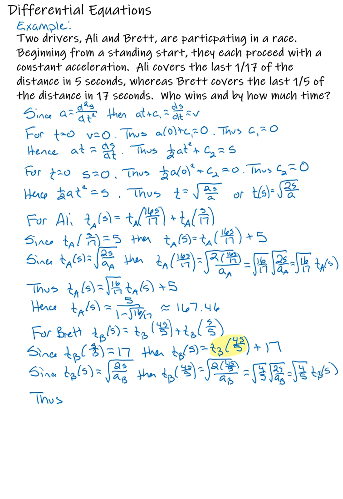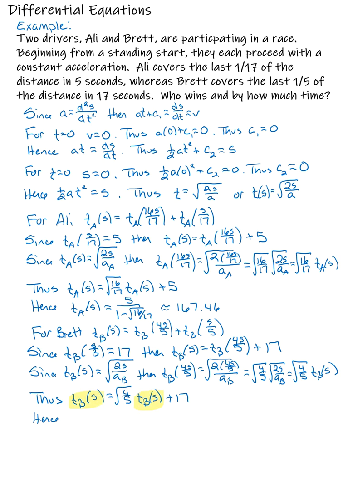So, t sub b of s is equal to the square root of 4/5 times t sub b of s plus 17. Solve this. Again, what makes this so nice is now I just have this one unknown, t sub b of s.